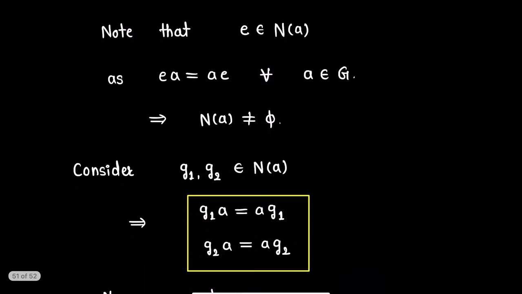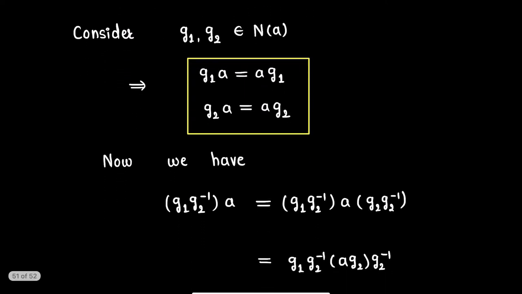For this, observe that e, the identity element of group G, is a member of N(a), because we know that the identity element commutes with each and every element of group G. So, for any particular element a in group G, e will be a member of the normalizer of a. Thus, the normalizer of a will always be a non-empty set.